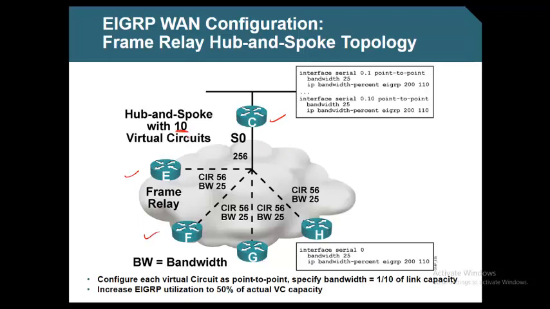Now, if you have 10 spokes and each spoke's committed information rate is only 56, meaning you are allowed to use only a bandwidth of 56 kb, you can tell I got only 25 bandwidth, so that EIGRP will take half of it, like 12.5.